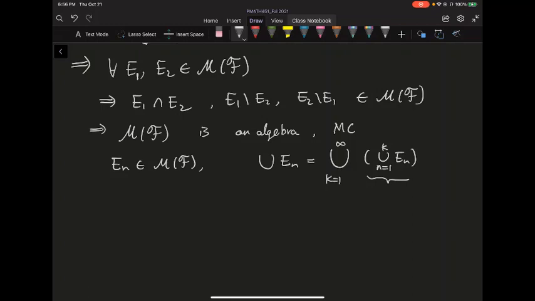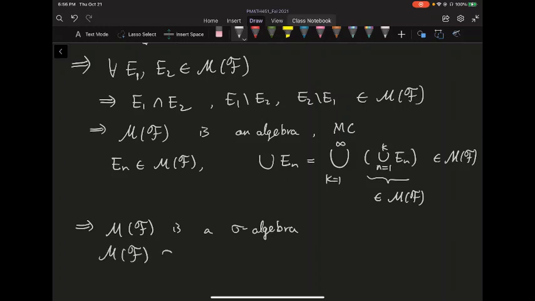Because M of F is an algebra, each of these finite unions is in M of F, and you're taking an increasing chain. The whole thing is inside M of F. So M of F is a sigma algebra. Because it's a sigma algebra and clearly contains F, we have the other direction: M of F contains the sigma algebra generated by F. So we finished this very technical lemma.